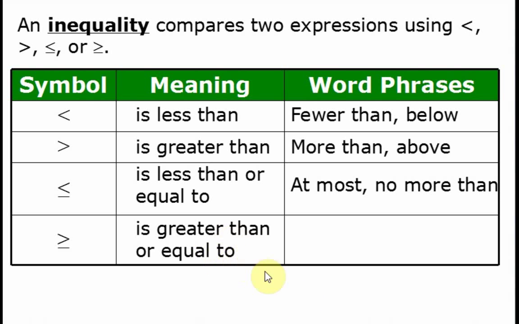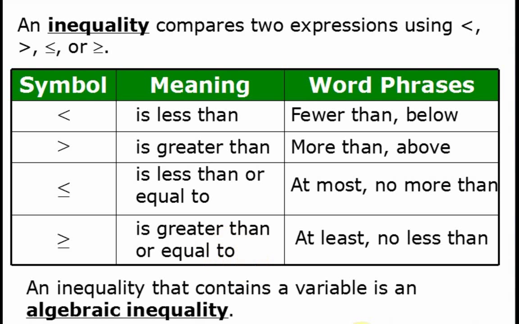These words are at least, no less than. Now, an inequality that contains a variable is an algebraic inequality. If it contains a variable, I will call it an algebraic inequality.